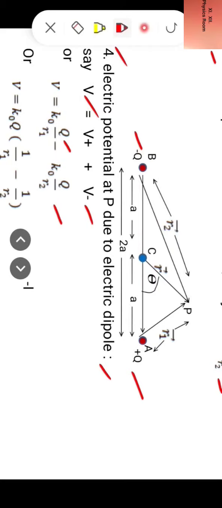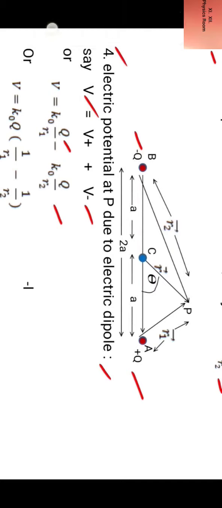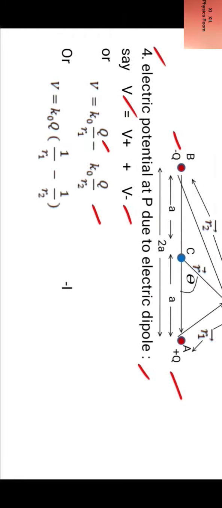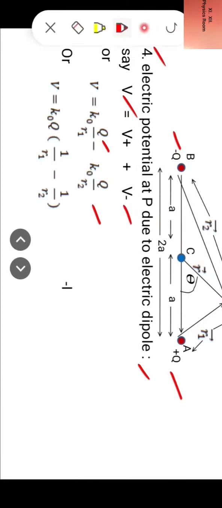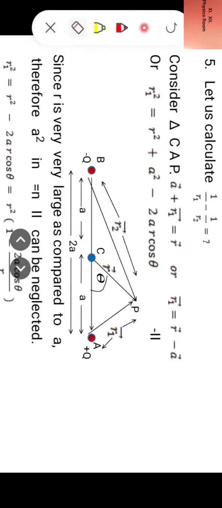We substitute the value of V plus and V minus, or we have V is equal to K naught Q, we take out common, within bracket 1 by R1 minus 1 by R2. Let us mark it as equation 1. Now at fifth step let us calculate 1 by R1 minus 1 by R2.